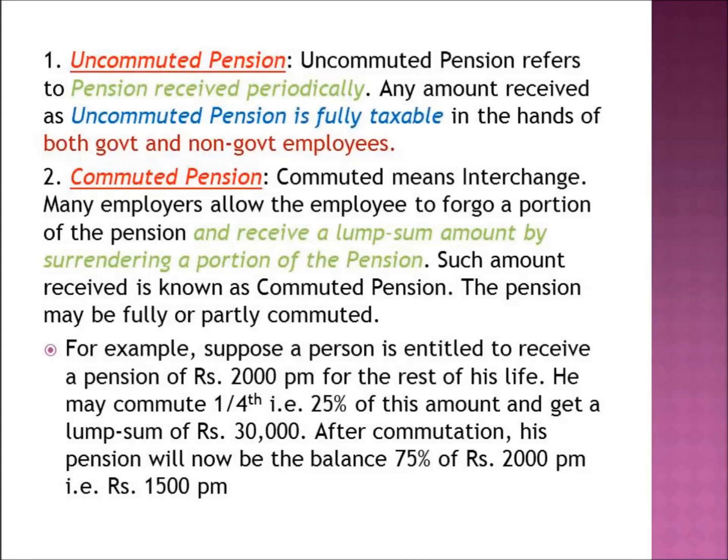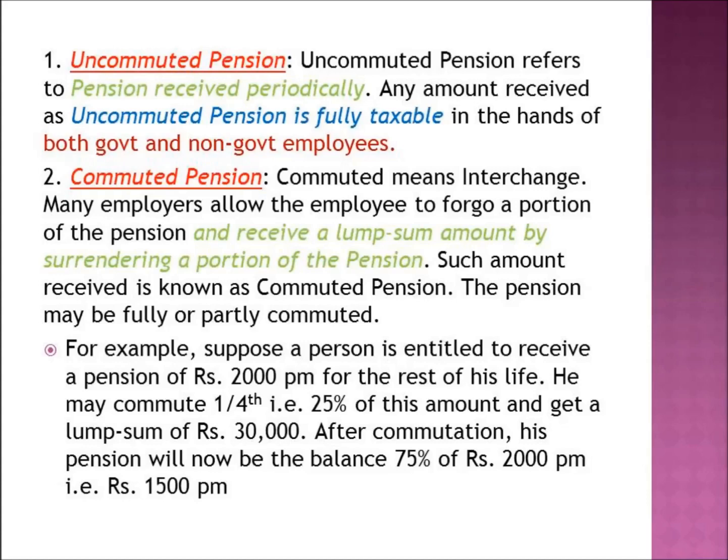So uncommuted pension, that is pension received periodically from the employer by the employee at the time of retirement, is fully taxable in the hands of both government and non-government employees. They are not different in case of uncommuted pension, and both are liable to pay income tax on this income received periodically.